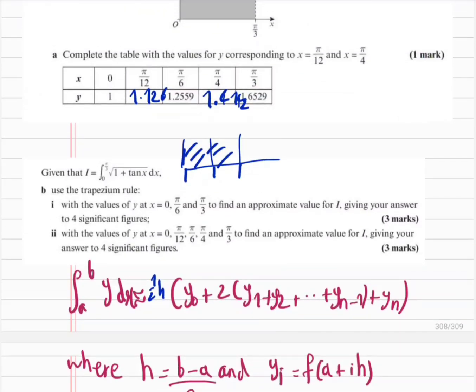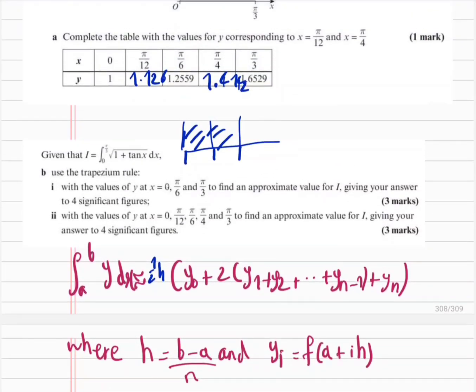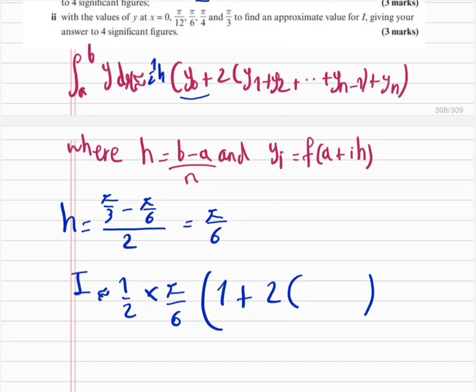Remember that we always write down the value of the first and the last y value just outside of the bracket, and everything in between goes inside the bracket, times 2.